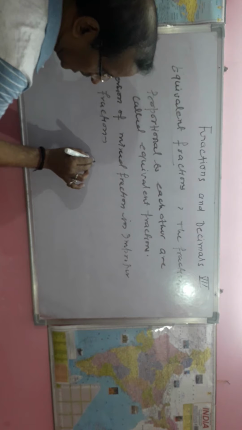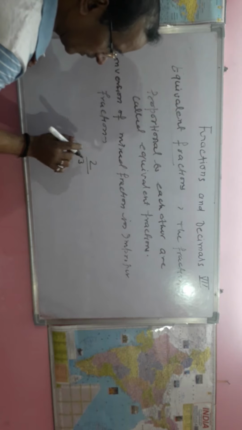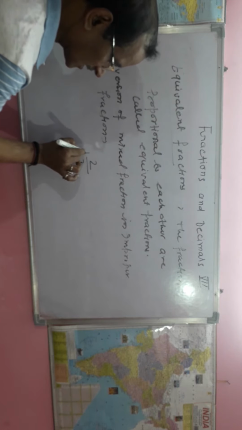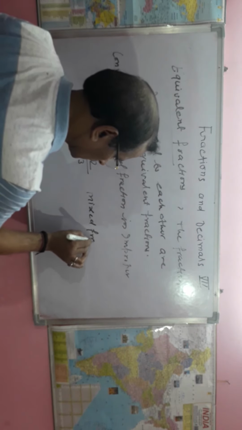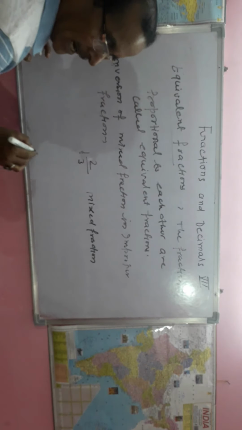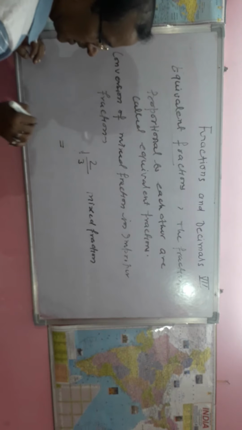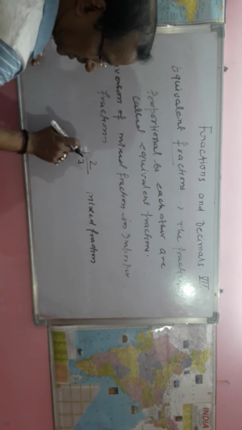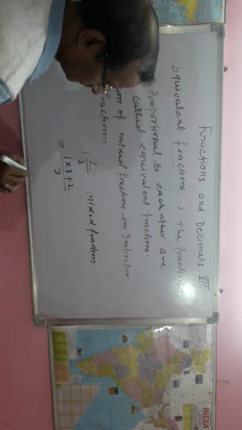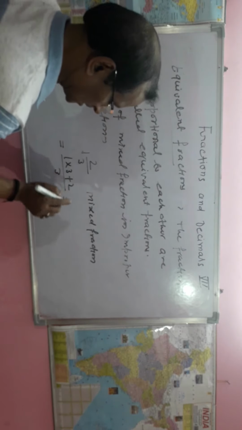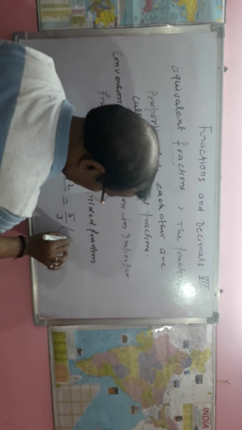Take a mixed fraction like 1 whole 2 upon 3, and it can be written in the form of an improper fraction. We multiply 3 by 1, then add 2, upon 3. Then it is equal to 5 upon 3. This is an improper fraction.